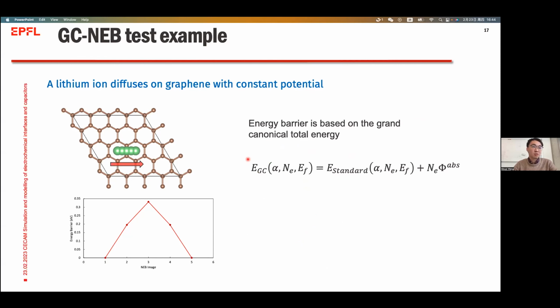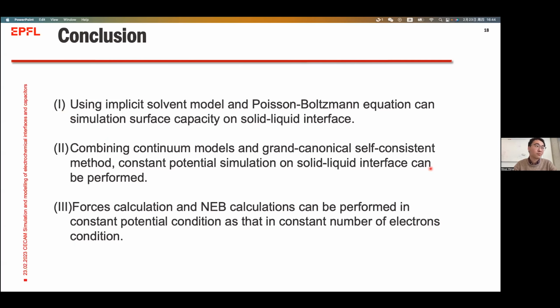And also, we want to say that the total energy defined here is the standard DFT energy plus the number of electrons multiplied by the absolute potential. So in conclusion, by using the implicit solvent model and the Poisson-Boltzmann equation, we can simulate the surface capacity on a solid-liquid interface.